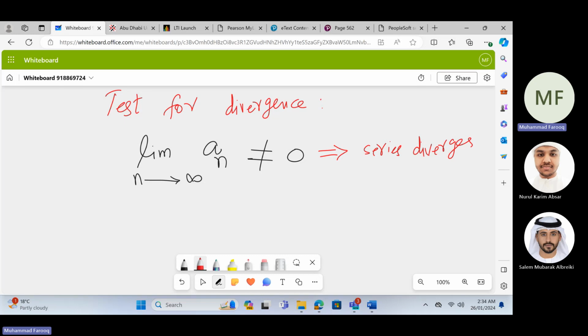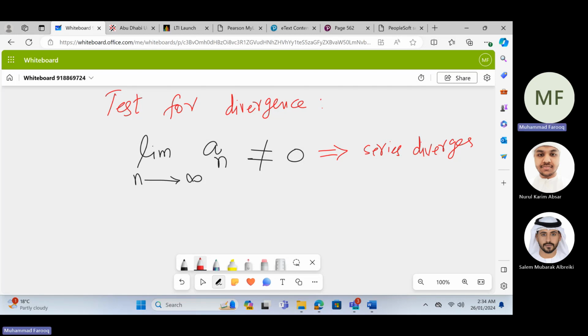This rule is called test for divergence, or simply divergence test. You have to calculate the limit at infinity of the expression. If the answer is not 0, the conclusion is that it diverges. There is no second option available in this test.